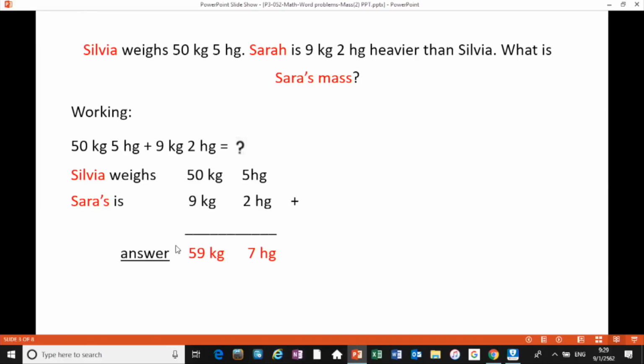So Sarah's weight is 59 kilograms, 7 hectograms. You understand, guys? Yes. Very good. We take Sylvia's weight, we find out how much heavier Sarah is, and add them together. That gives us our answer. One more time. Sarah weighs 59 kilograms, 7 hectograms.